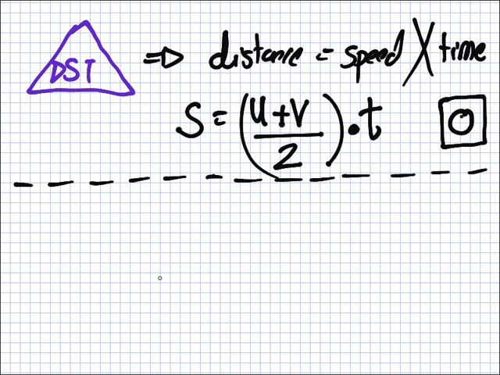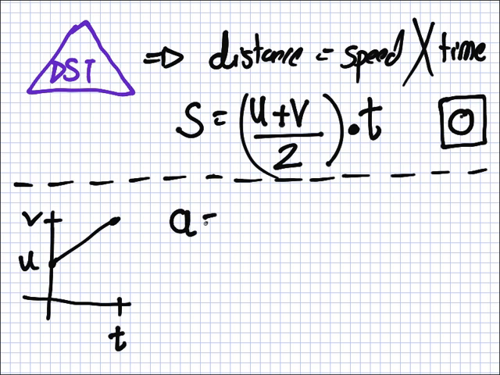Yeah. Right, the next formula that we'll do is if we have our graph, and this is U and this is V and this is T. Remember we said the acceleration is the slope. Or also, we also said it's the change in velocity over change in time.